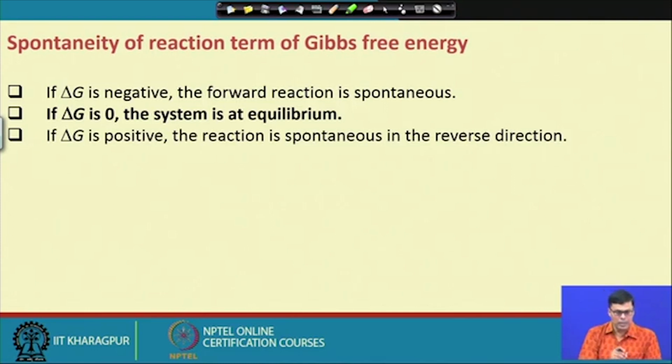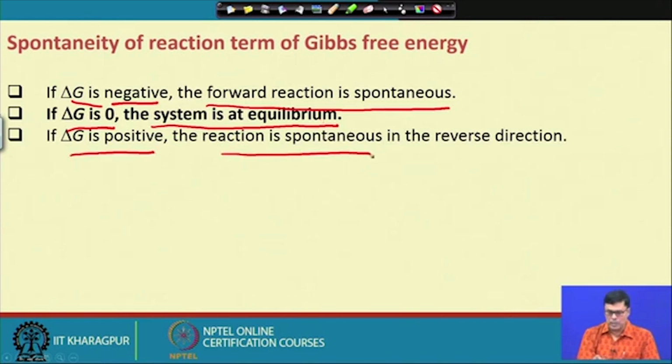Now, if del G is negative, the free energy change is negative, the forward reaction is spontaneous. If del G is 0, the system is in equilibrium, and if del G is positive, the reaction is spontaneous in the reverse direction.